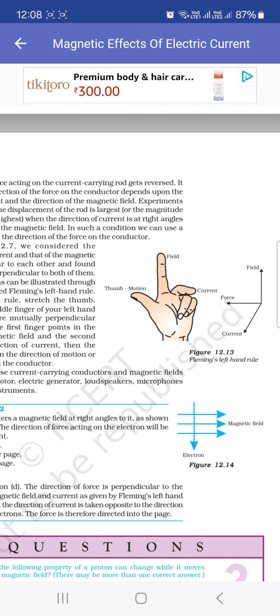Adjust your hand in such a way that the forefinger points in the direction of magnetic field and the center finger points in the direction of current. Then the direction in which the thumb points gives the direction of force acting on the conductor.